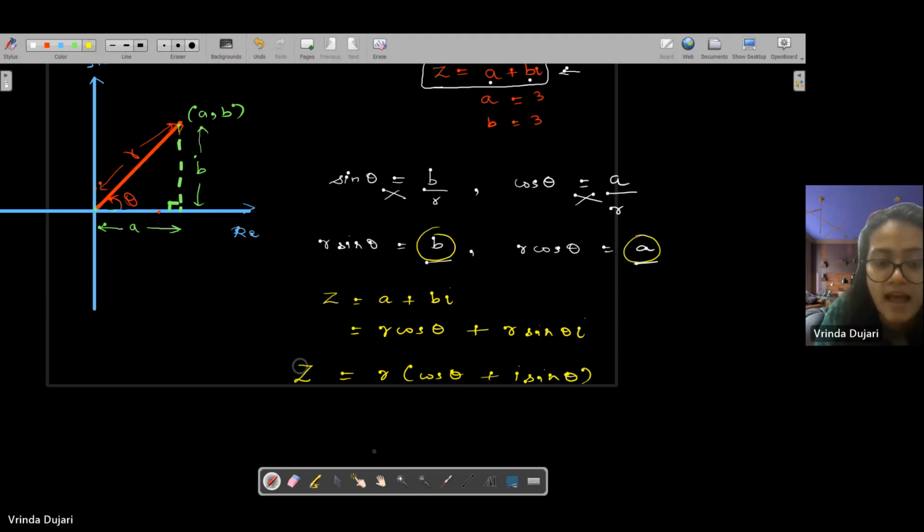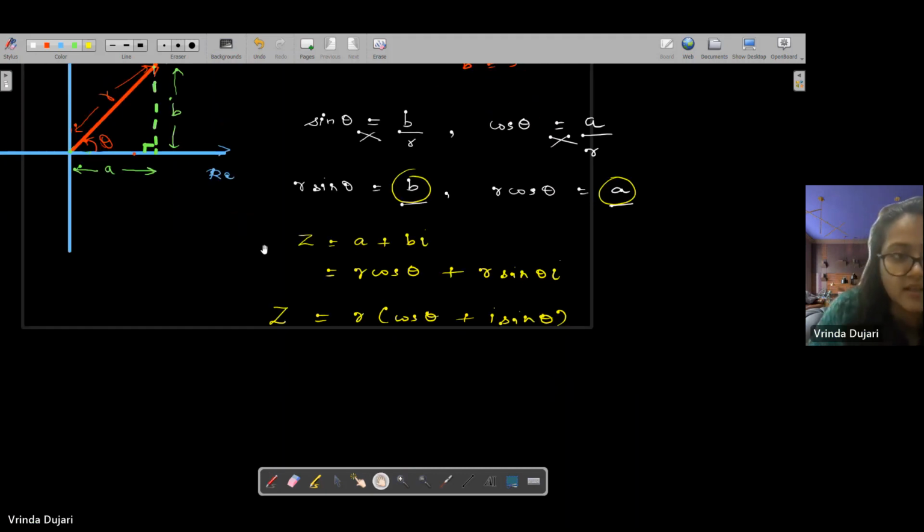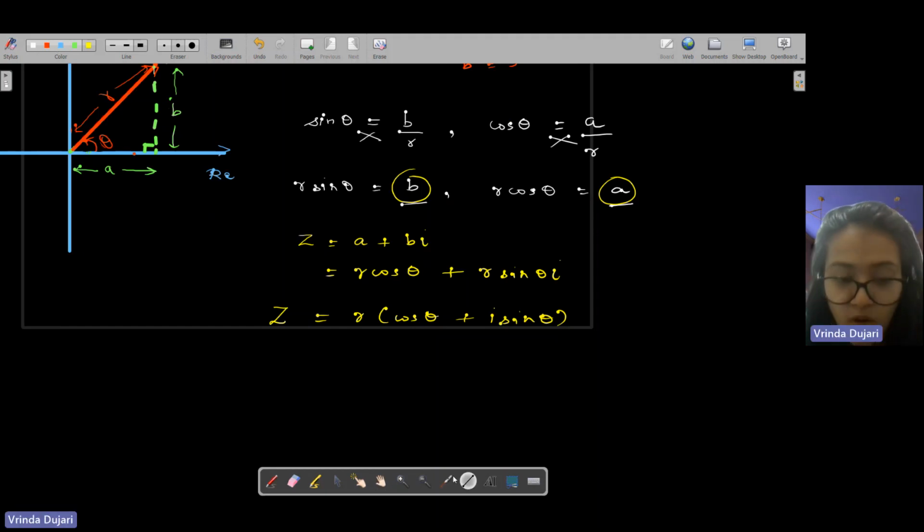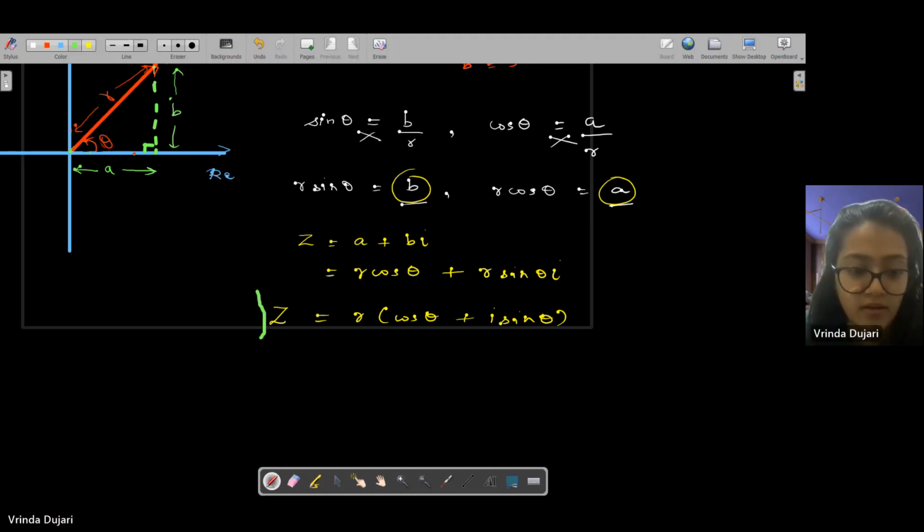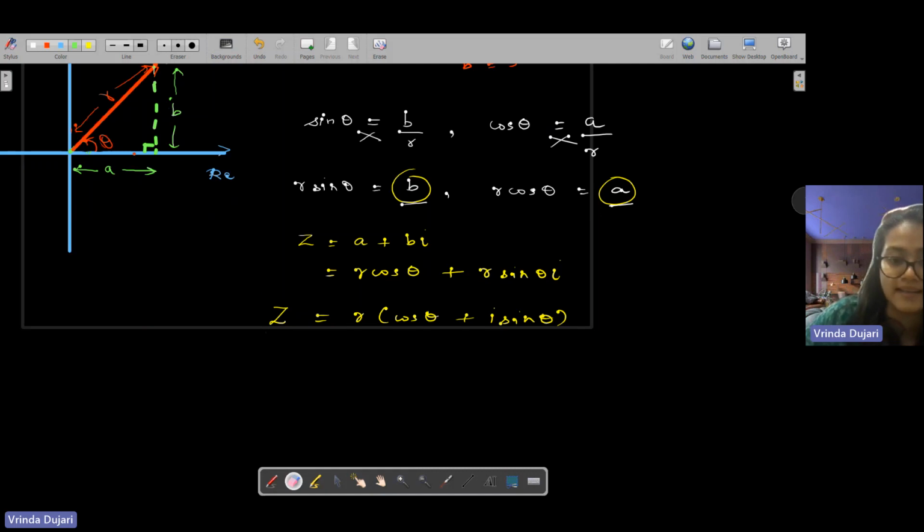And this is nothing but your polar form of a complex number. Let me highlight it. z equals r cos theta plus i sin theta is called the polar form of a complex number.